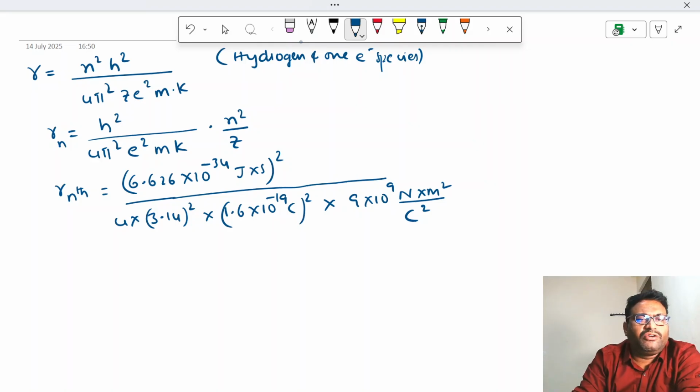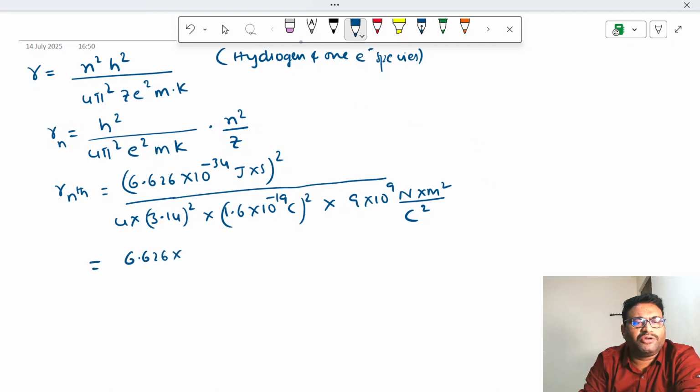In many books, they don't use this K. If you want to derive it in SI unit, compulsorily there must be K and we have to use this K. Right? So let us see.